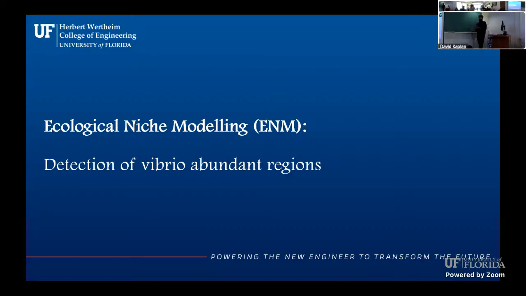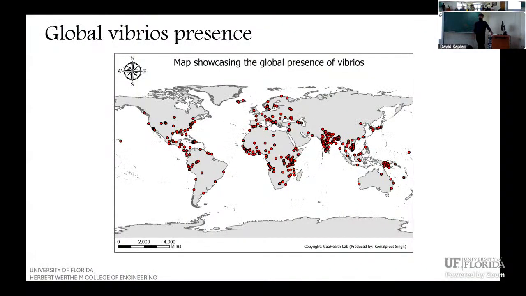This is the first thing that I was talking about, ENMs. In order to understand how different regions have Vibrio abundance or Vibrio absence, we need to understand that environment and all those variables. So this is the tool that was used for it. This map shows the global presence of Vibrio around the world.